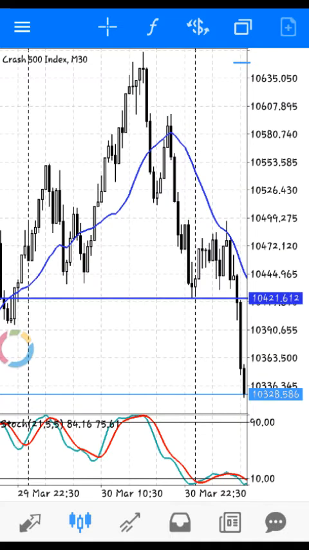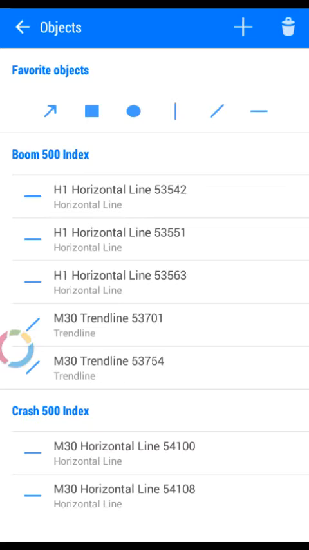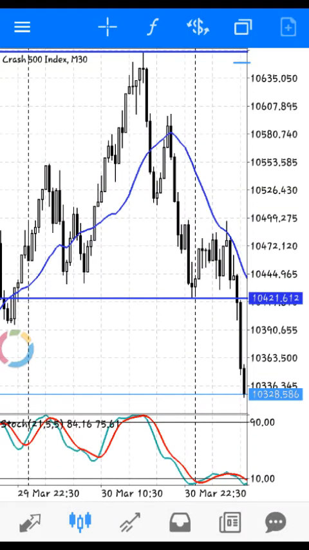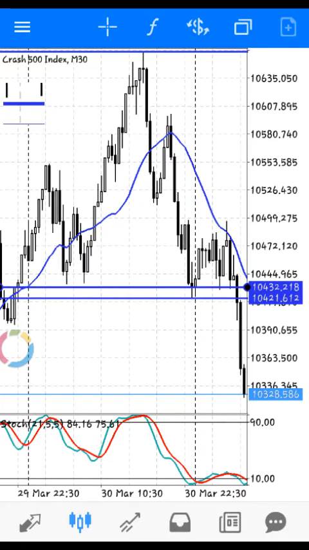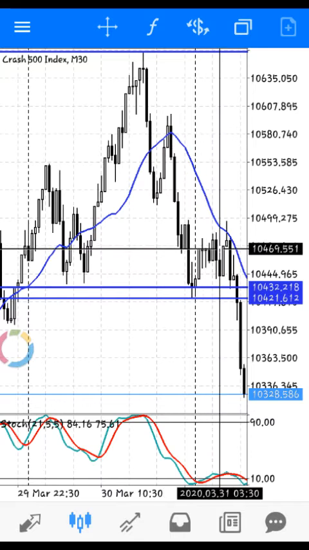Personally, as the day progresses, I can delete this line if I feel price is not going to go back there, but there are some days you'll be shocked how the price will behave. So I mark the low of the previous day and the high of the previous day.